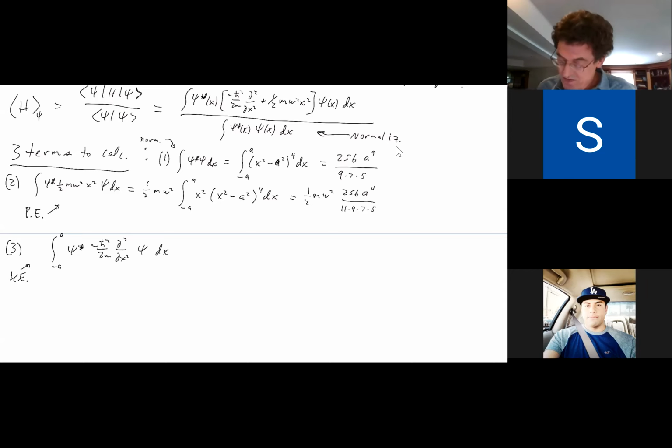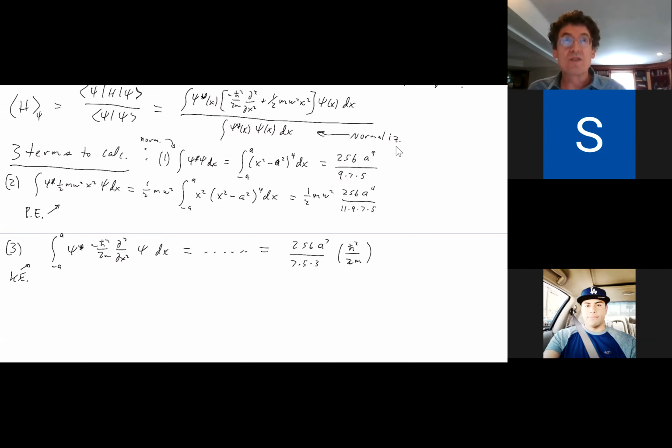Then I've got to plug all that in, and that's a big pain, and I'm not going to write it all out, but once you do some algebra, you're going to find that it looks like this: 256 times a to the 7th over 7 times 5 times 3 times h bar squared over 2m.